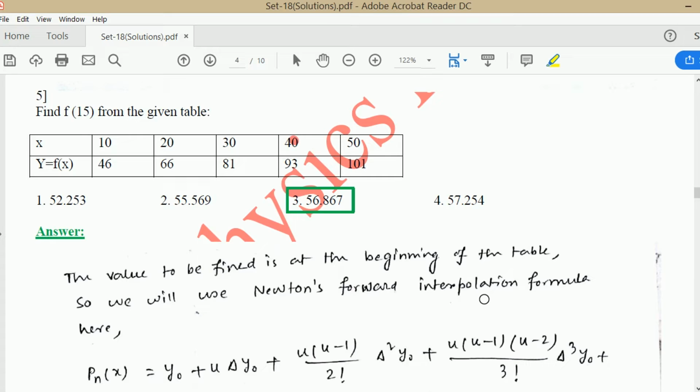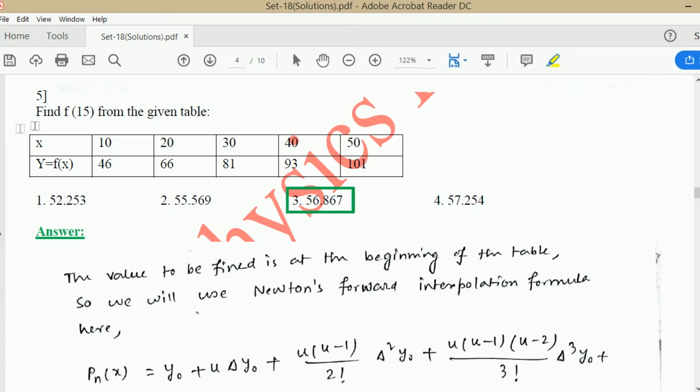Newton has given 2 interpolation formulas, forward and backward. We use the forward interpolation formula when the value to be determined is at the beginning of the table, and if the value lies at the end of the table, then you should use Newton's backward interpolation formula.